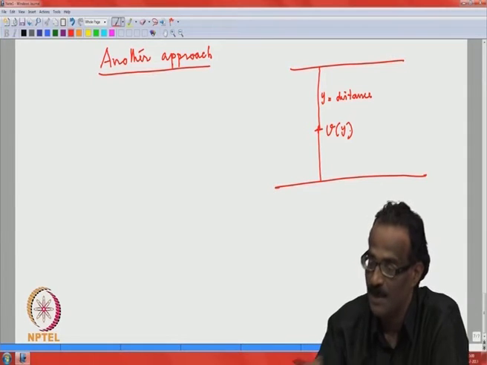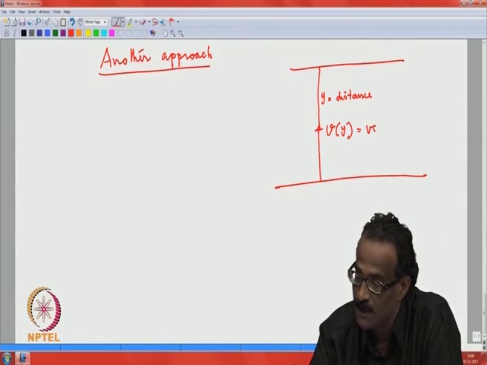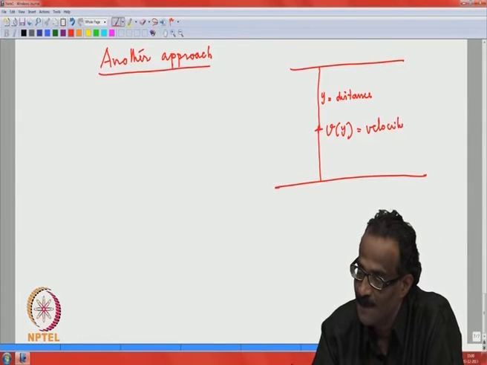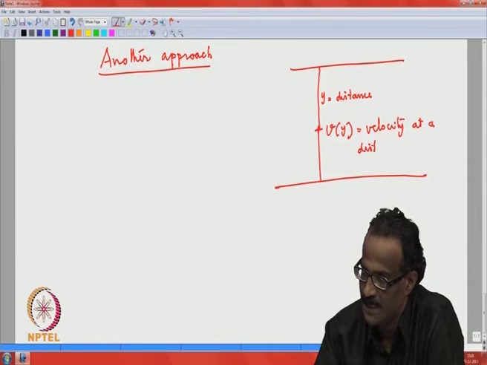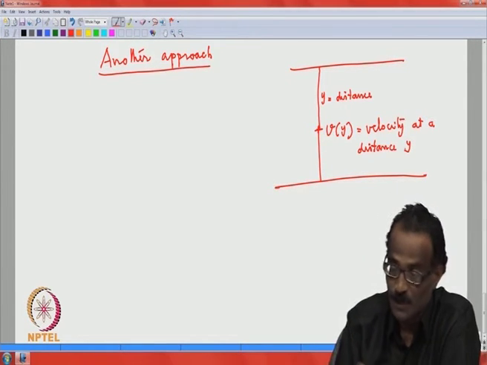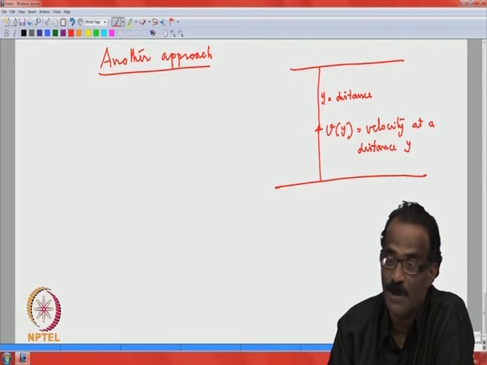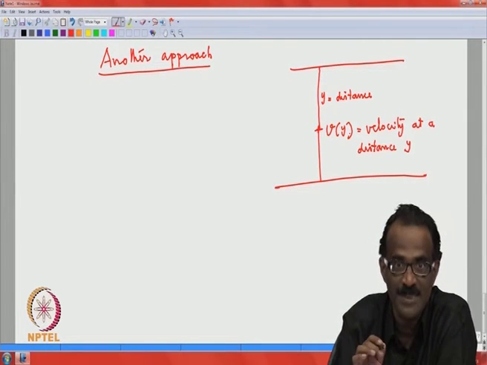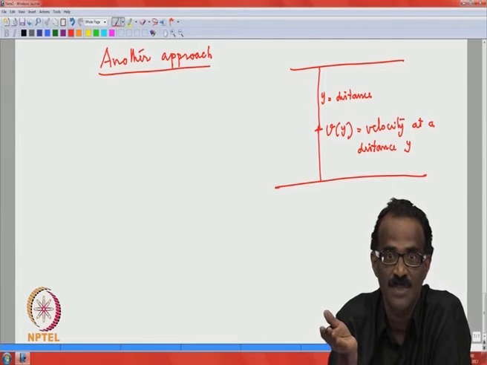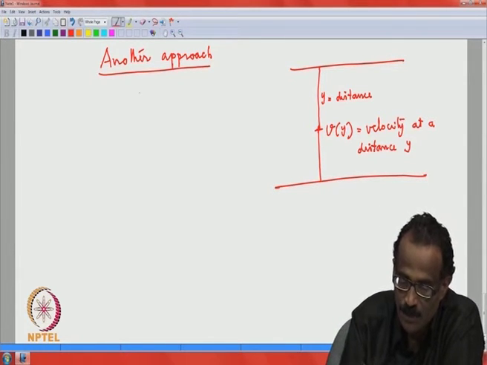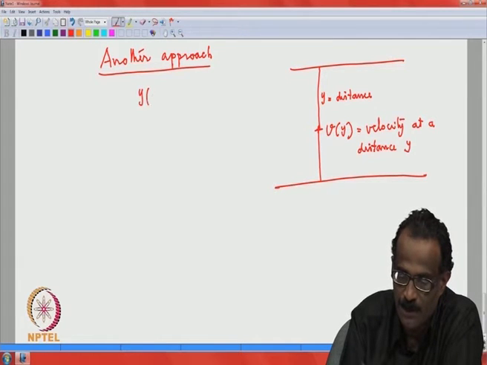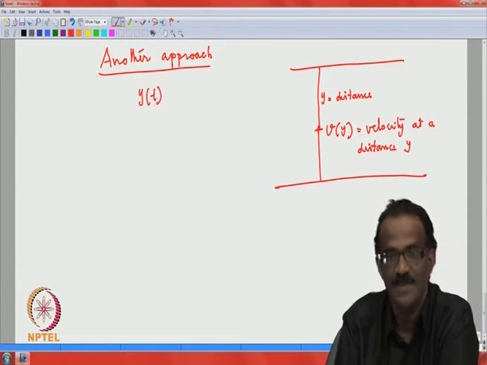But we need that one. So, v is the velocity at a distance y. We are computing in the downward direction, which I hope you understand. So, y is your independent variable now, and v of y, the velocity as a function of the distance, is the dependent variable. Of course, at time t you already have y of t, the distance at time t.